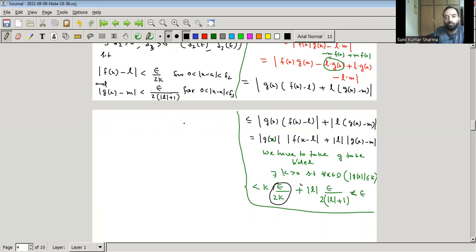So we have delta 1, delta 2 and delta 3. Let us take delta equal to the minimum of delta 1, delta 2, delta 3.